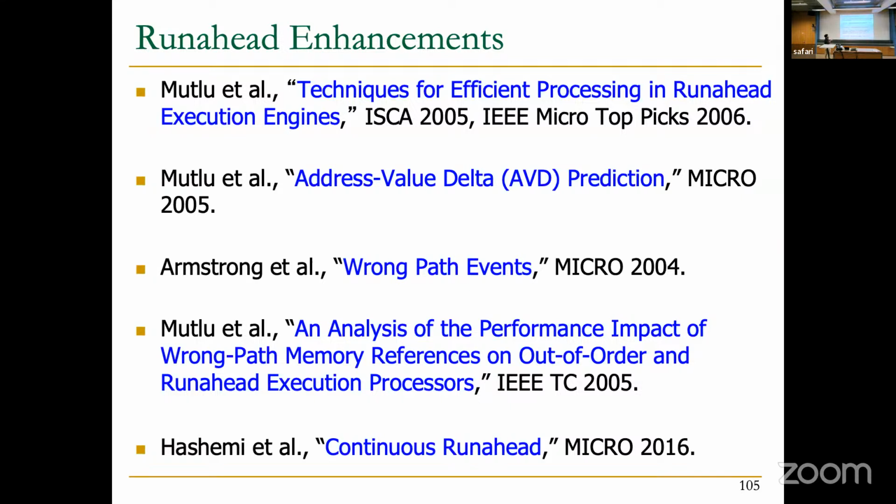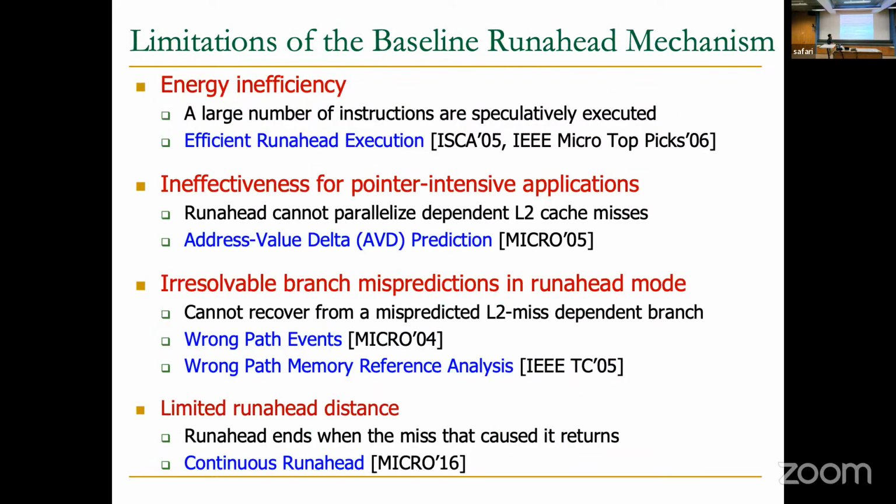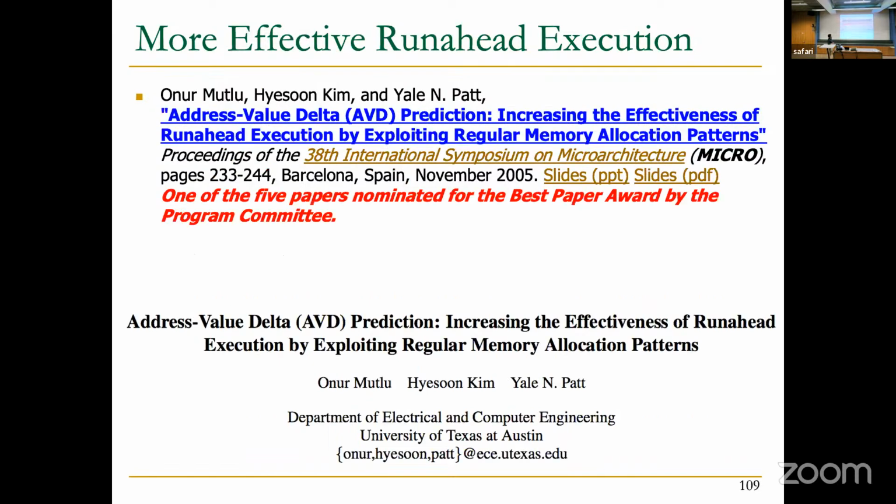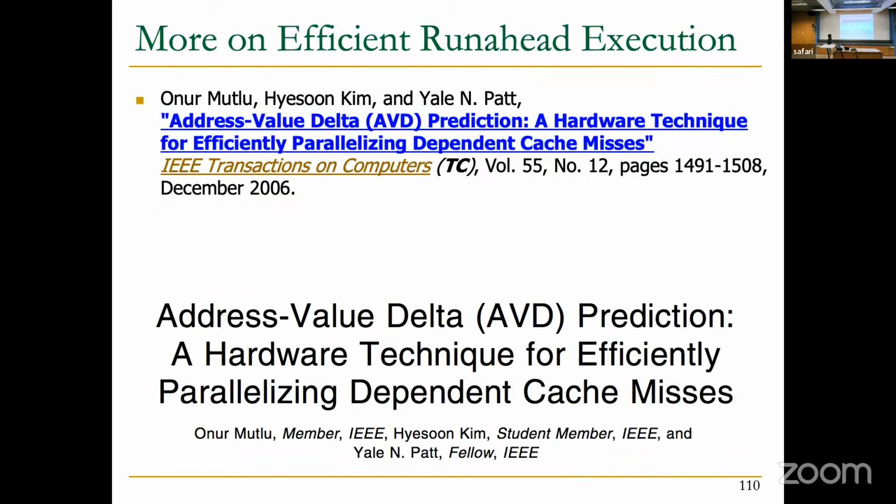Like the one I mentioned: if your instruction depends on the load that is missing, then you cannot execute. So they have an enhancement, address value prediction, which you can read about. These are the enhancements.